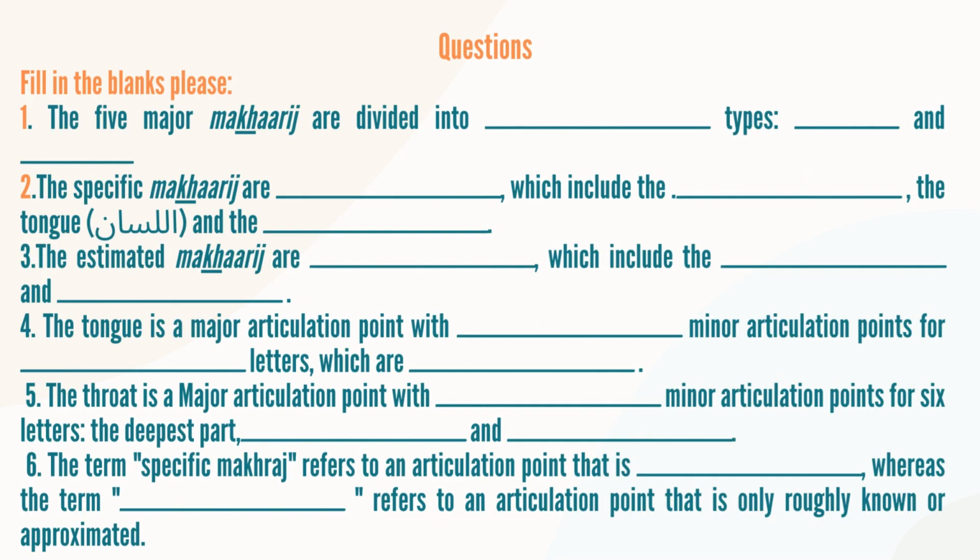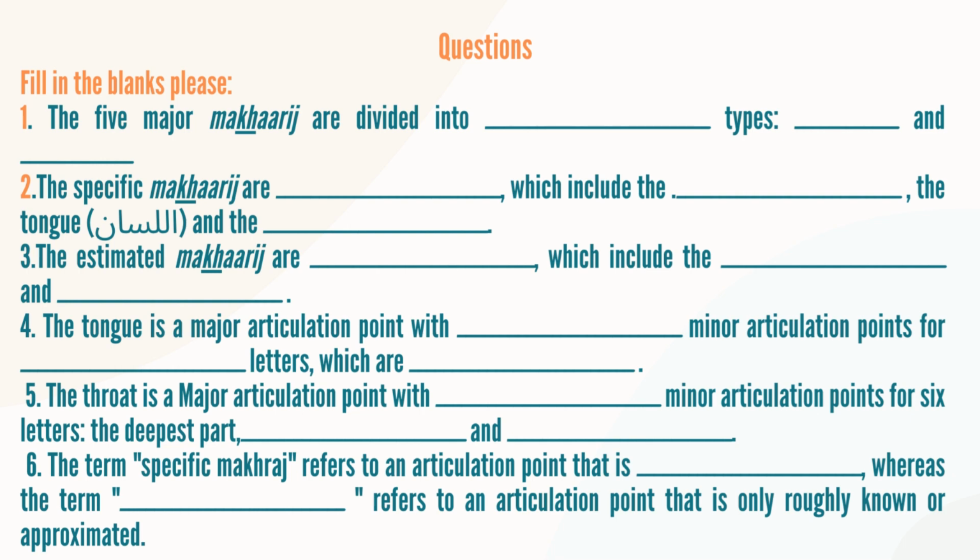And finally, we have some questions for you to make sure you understood everything in this introduction. Please fill in the blanks. The 5 major makharij are divided into 2 types: the specific ones and the approximate or estimated ones. I've solved the first for you.